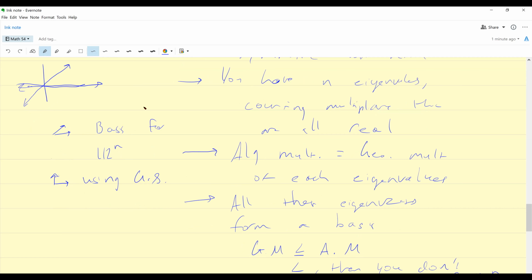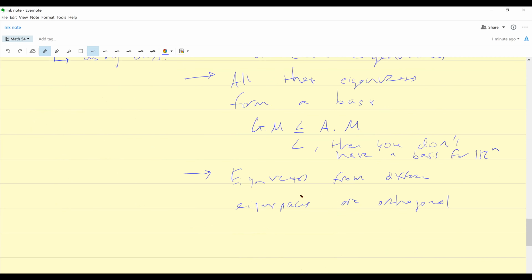When we have a symmetric matrix, this theorem is saying that in fact, your eigenspaces will never look like this. The eigenspaces for different eigenvalues will actually be orthogonal. So you don't have to do Gram-Schmidt on different eigenvectors to get this orthonormal basis. You get an orthonormal basis of eigenvectors for free, essentially.